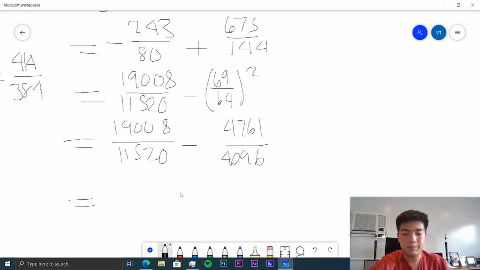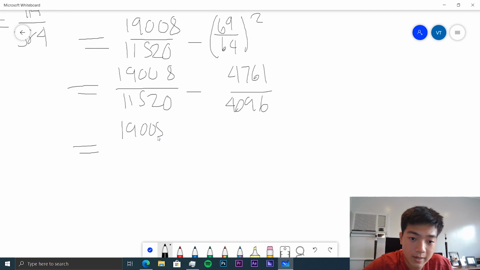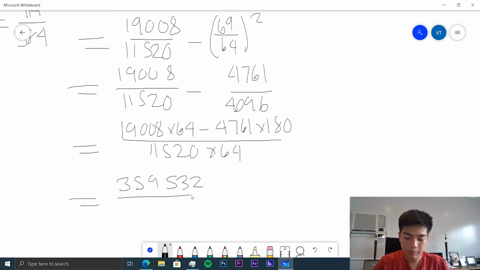So I know these two have a common multiple of 64, so we just have to multiply this side by 64 and this side by 180, I think. So it's 19008 times 64 minus 4761 times 180, all over 11520 times 64. So this is 359,532 divided by 737,280.